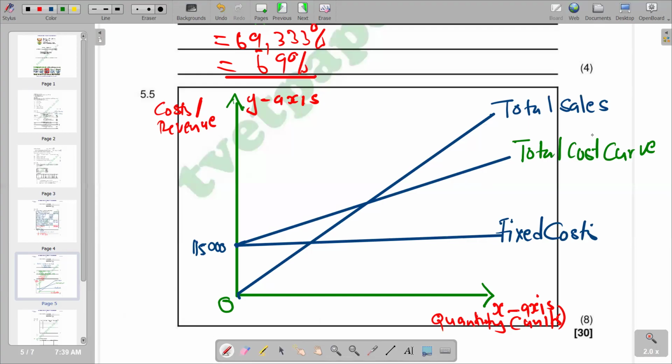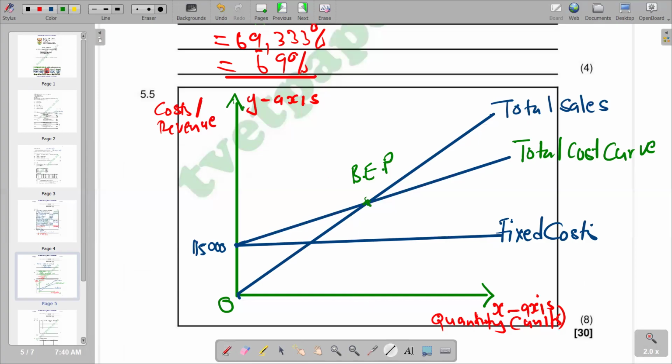So let's now identify our break-even point. Remember, our break-even point is the point where our total sales are equal to our total cost. So this is the point where we have total sales equal to total cost, at the intersection of the total sales curve and the total cost curve. So this is the break-even point. We can label it the break-even point, whereby we now have the break-even value on the vertical axis.